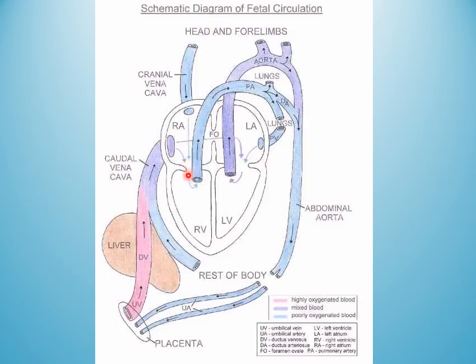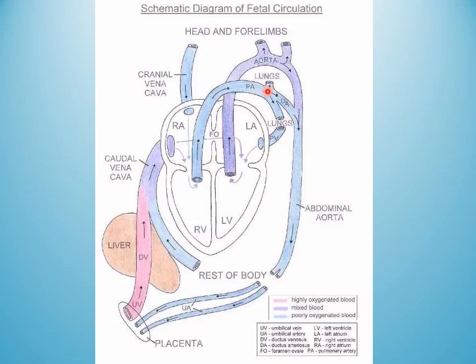But some will go down into the right ventricle and up into the pulmonary artery, but it will go through the ductus arteriosus, which is showing you right here, and it'll mix with the aortic blood here. So those are two bypasses, right here the foramen ovale, and then right here the ductus arteriosus.